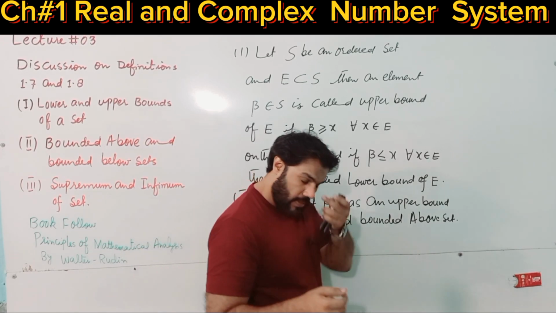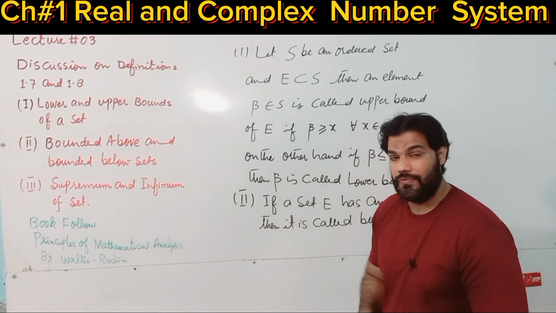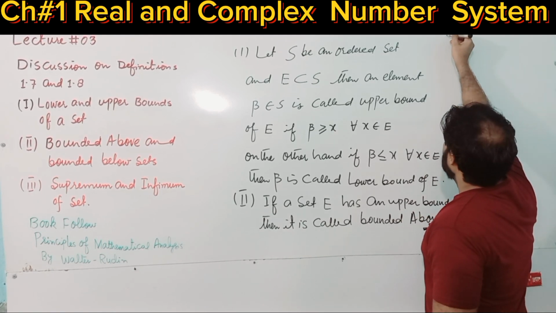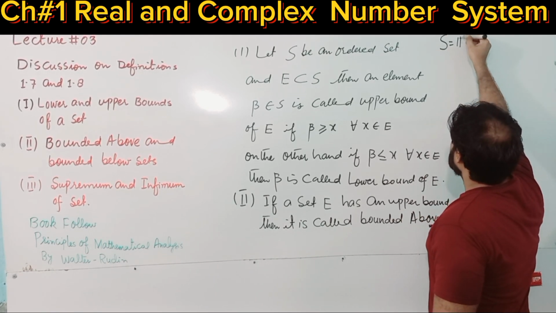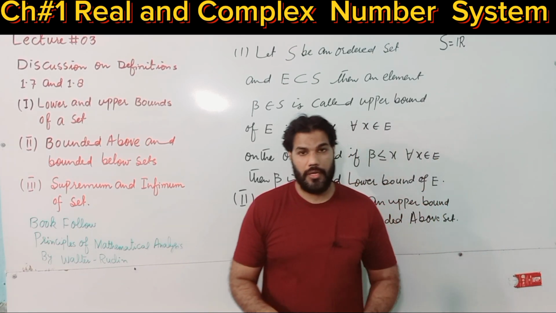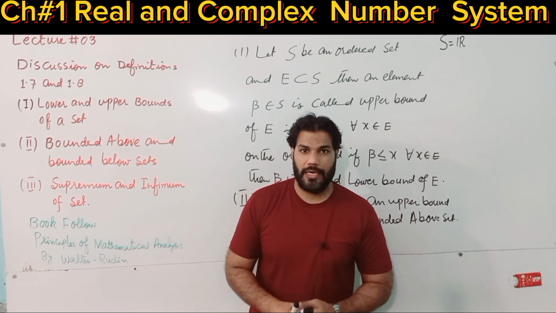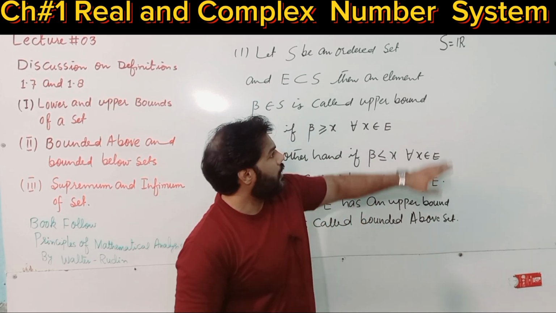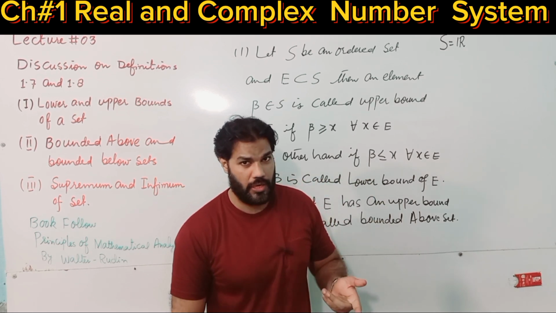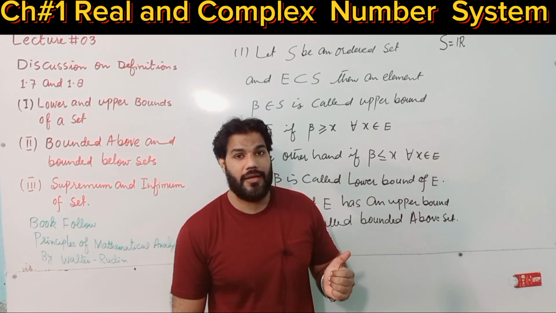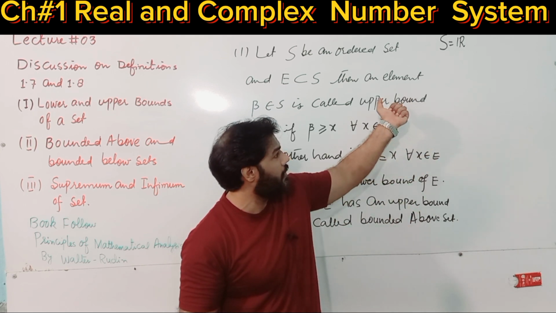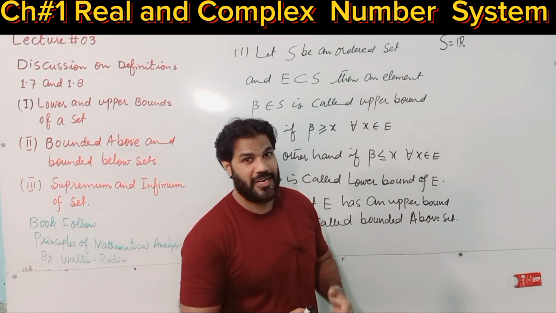Now we discuss these concepts by a simple example. Suppose I have an ordered set S equal to the set of real numbers R. In the last lecture, I have discussed that R is an ordered set with a certain order defined on R. So suppose that our set of real numbers is equal to S, that is an ordered set here.